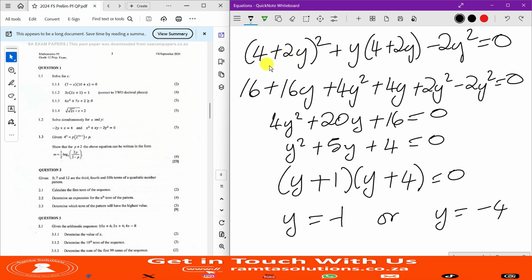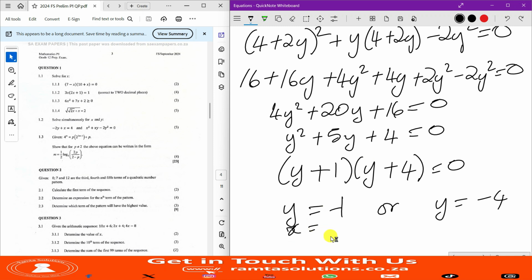Where there's y, we put negative 1: 4 plus 2 times negative 1 is 4 minus 2. Therefore, x is positive 2. And where y is negative 4, 4 plus 2 times negative 4 will be 4 minus 8. Hence, x is negative 4.